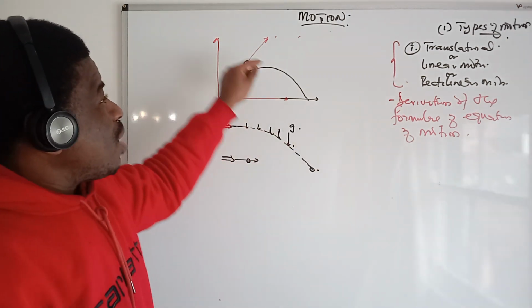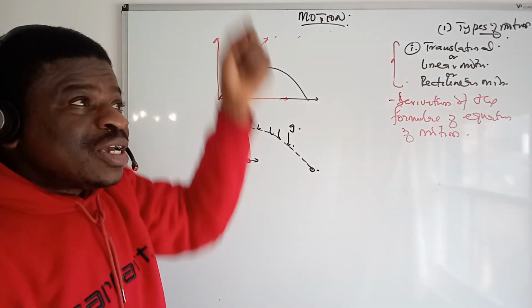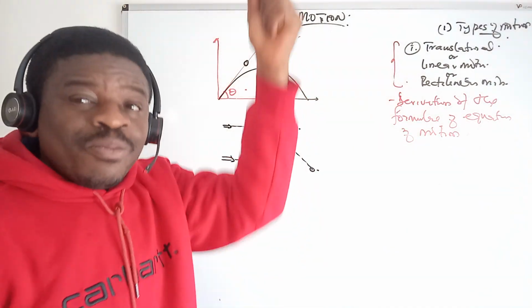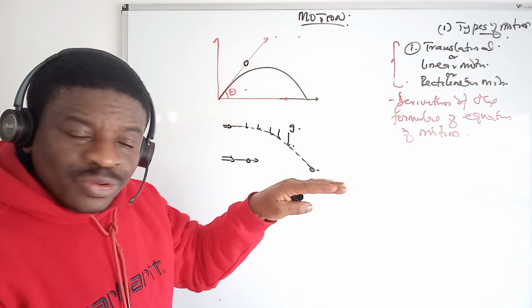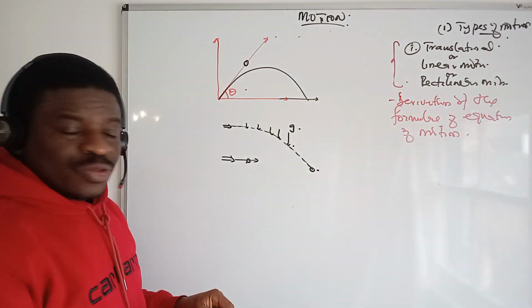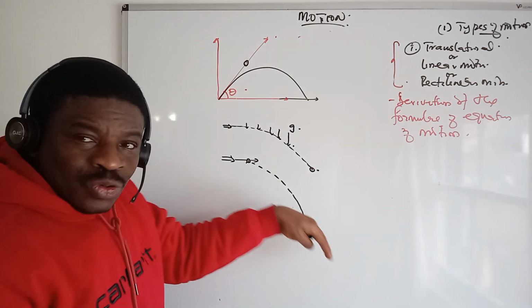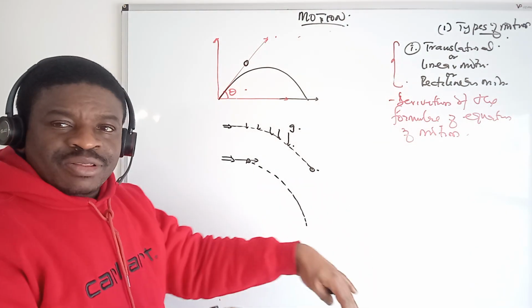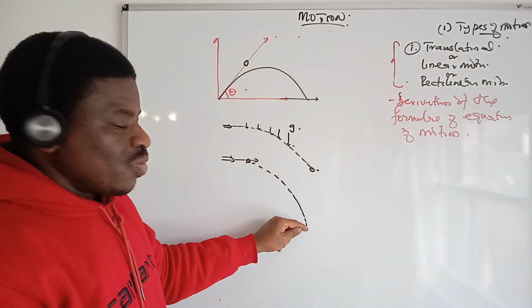At that point, you are working under the y-axis. You are working under an object thrown vertically upward or coming vertically downward. But when the plane is in motion and it drops a missile, the missile is going this way, through projectile, a trajectory of parabolic nature.